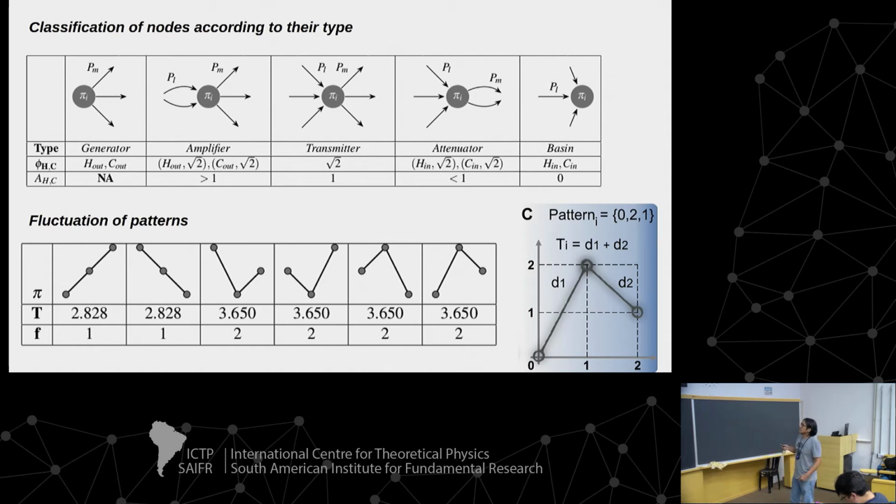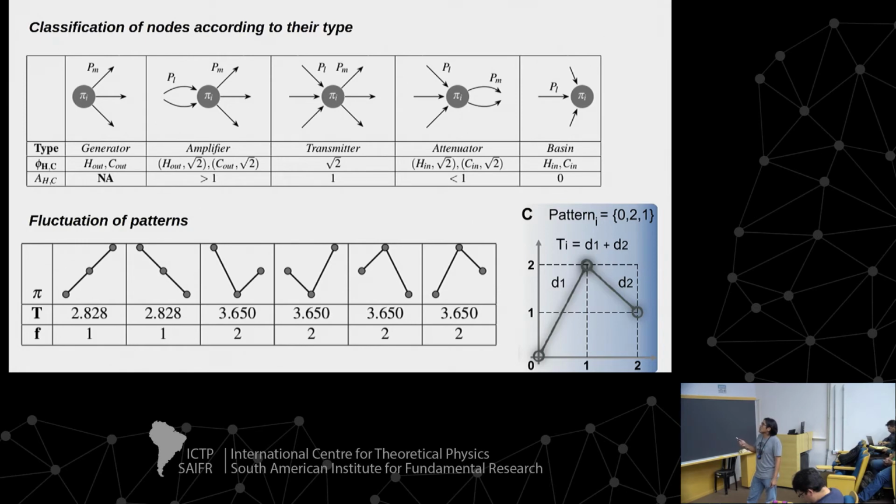For example, given a symbol of size 3, we take one of the symbols, the pattern defined here in this plane, 0, 2, and 1. To determine the fluctuation of this pattern, we calculate the Euclidean distance in this plane from this point to this point, where the order of the pattern is that the first value is the lowest, the second value is the largest, and the third value is the one in the middle.